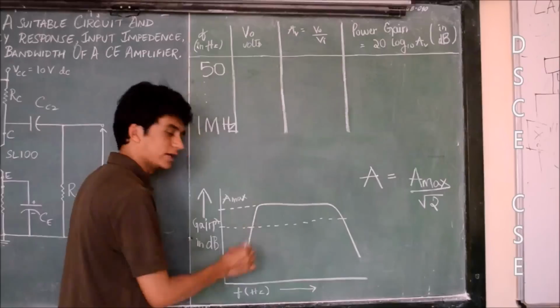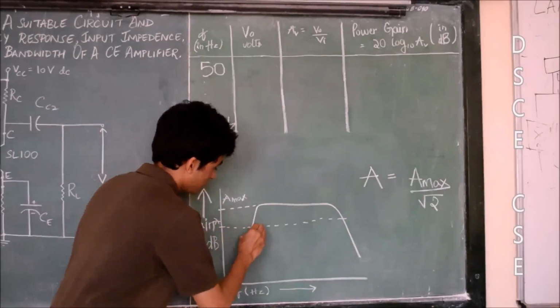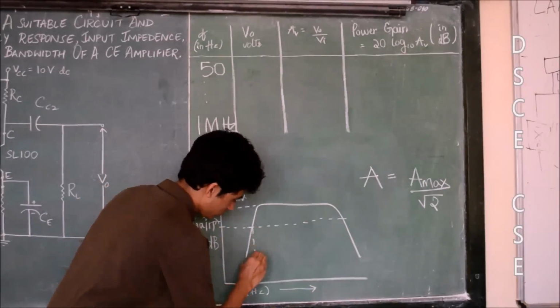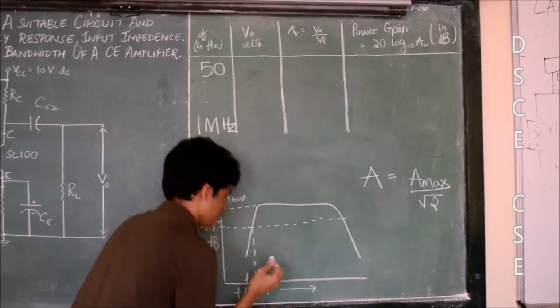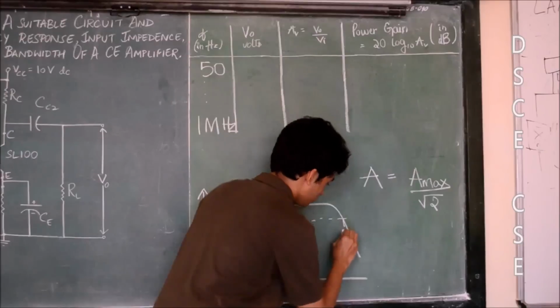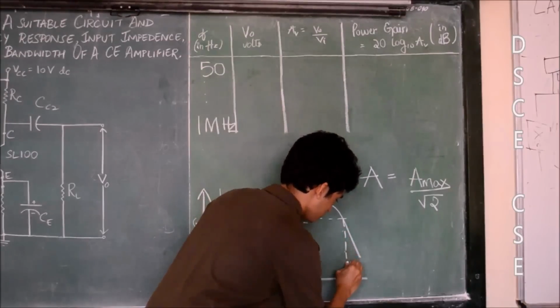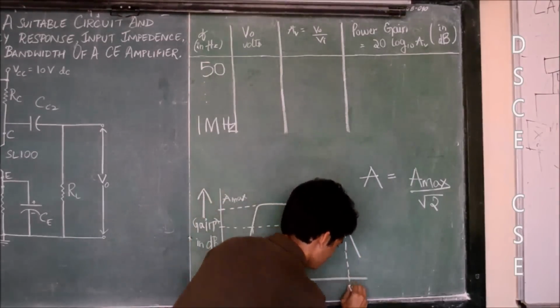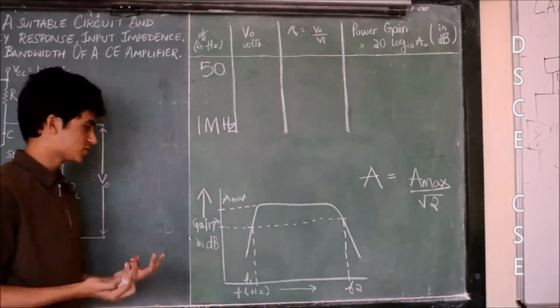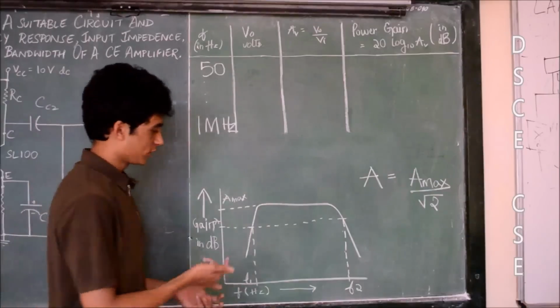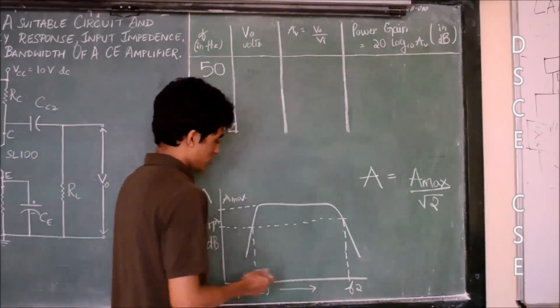The first point where it intersects the frequency response curve, we call f1. And the second point, we call f2. So we have two frequency values, f2 and f1, and we know that f2 is greater than f1.